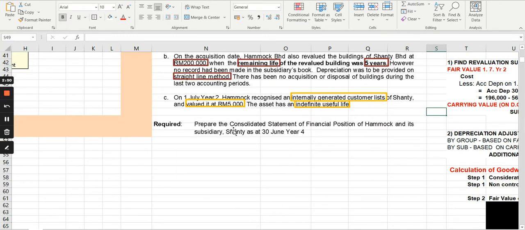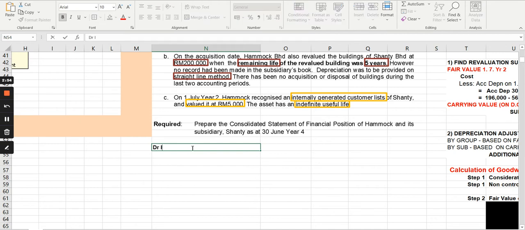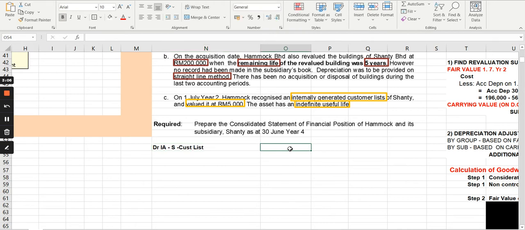So if you see here for this one, what you would do is you are going to debit intangible asset of the subsidiary, which relates to the customer list. How much? For your information, earlier the carrying amount is nil because it was not recognized.